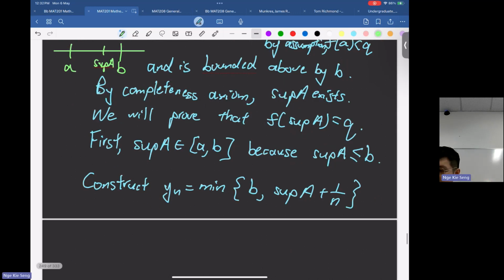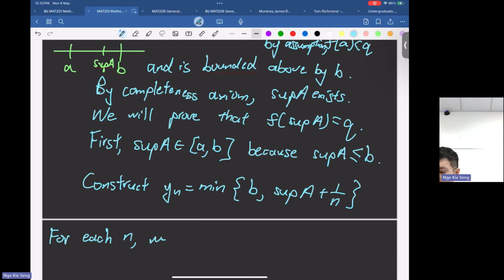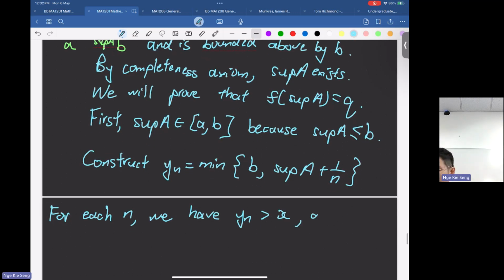So what does this mean here? For each n, what do we have? We have y_n is greater than sup A because it is on the right-hand side. And more importantly, y_n is not in A anymore. Why?